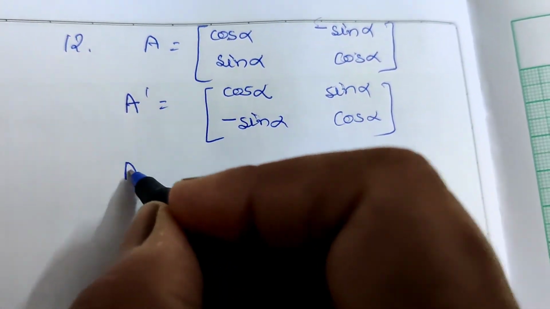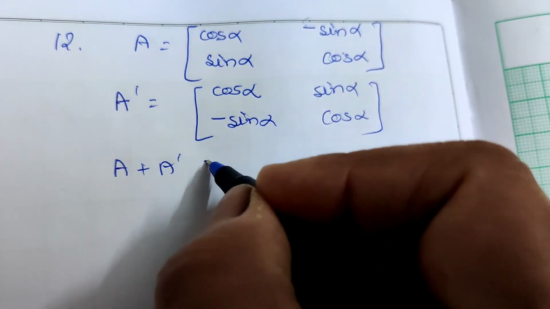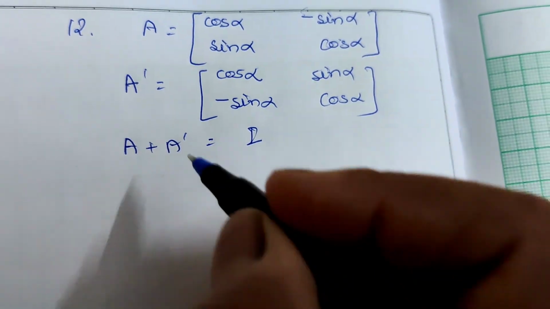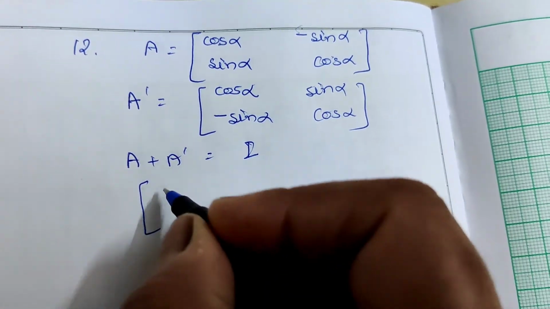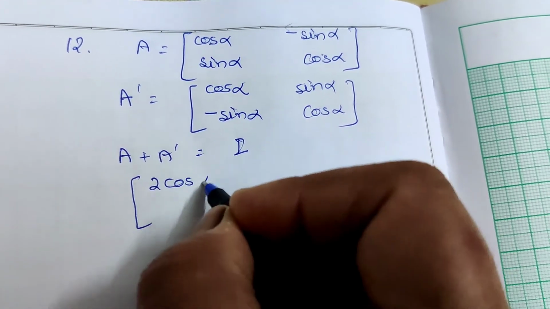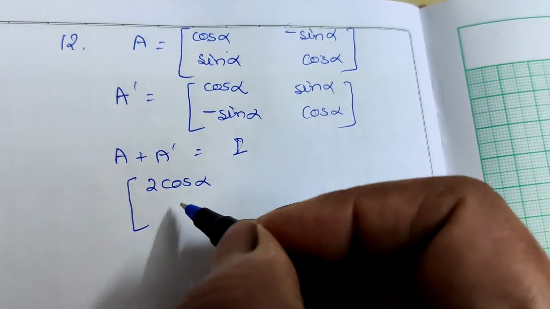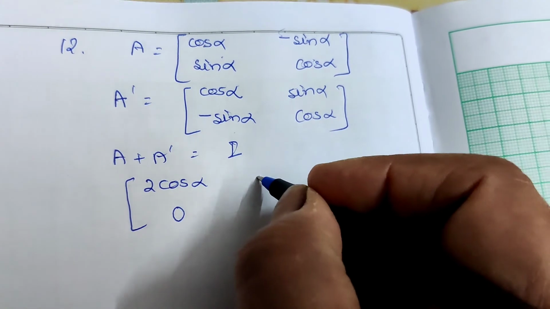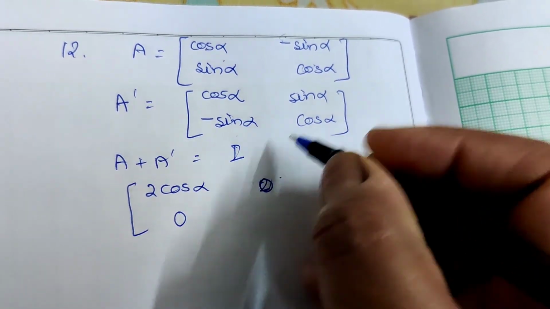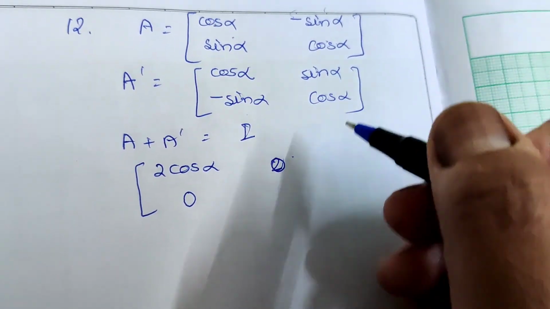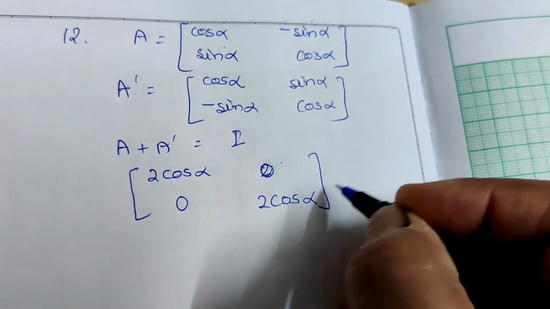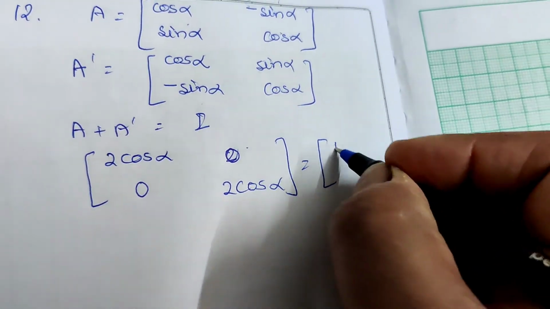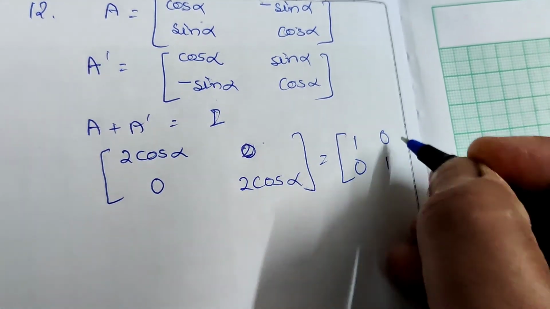Now A plus A dash equal to I, given. Okay, now add: cos alpha plus cos alpha, 2 cos alpha. Sin alpha minus sin alpha, 0. It is 2 cos alpha, 0, minus sin alpha plus sin alpha, and 2 cos alpha equal to I, meaning 1, 0, 0, 1.